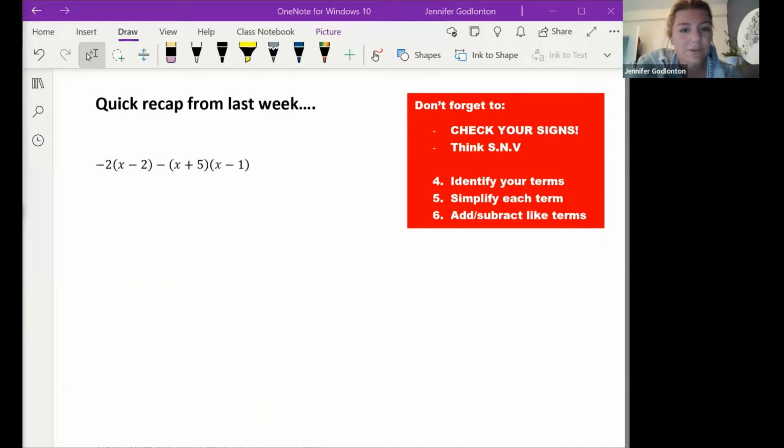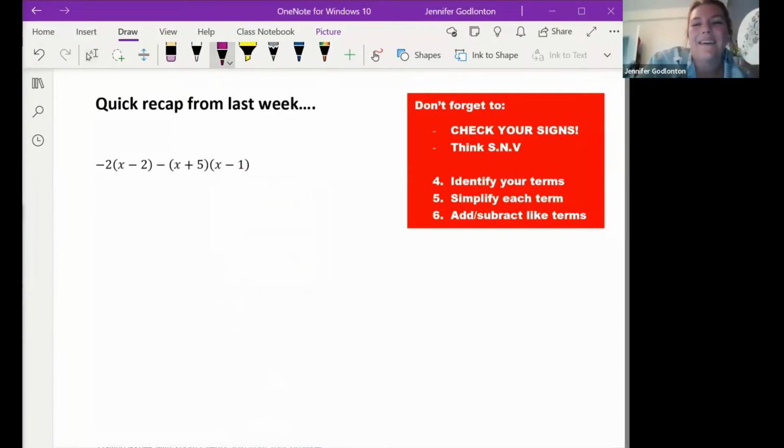So first thing, don't forget to check your signs. What I mean by that is, remember, a negative times a negative is a positive, things like that. Think SNV, which does not stand for sex, nudity, and violence. What does SNV stand for? You can tell me. Signs, and then signs, variables.